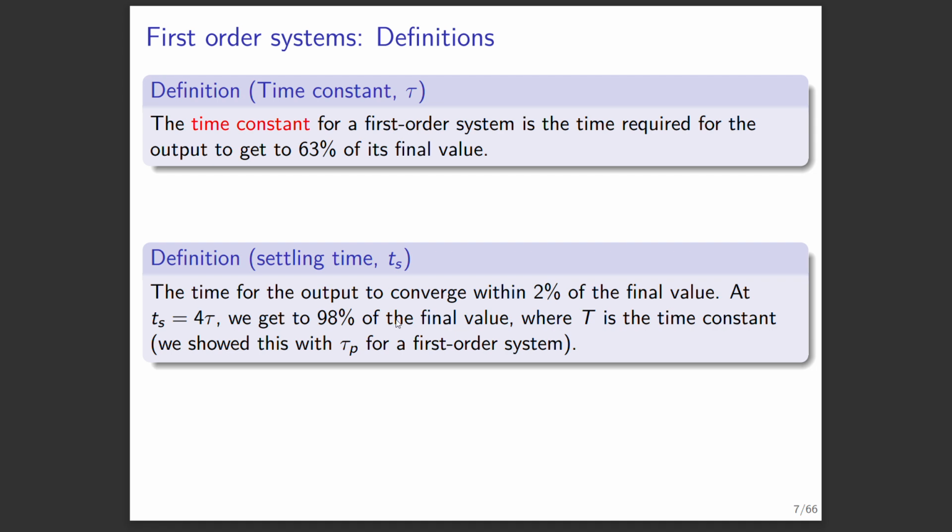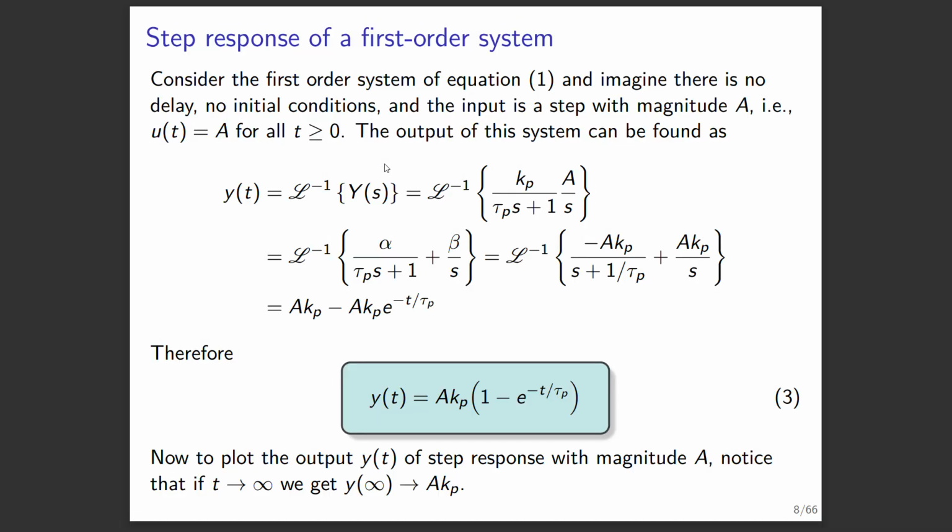And the rule of thumb is that if you wait 4 times the time constant, we get to 98% of the final value. So if you want to see the end of the final response of your first order system, wait 4 times that time constant. Okay. Now, having a first order system, what happens if we apply an input to it?